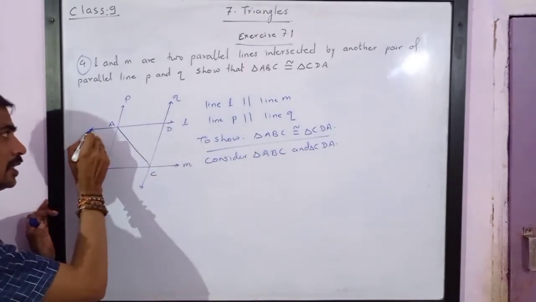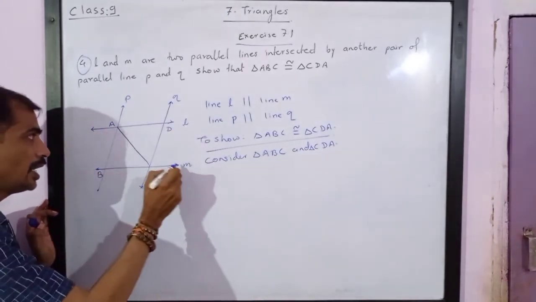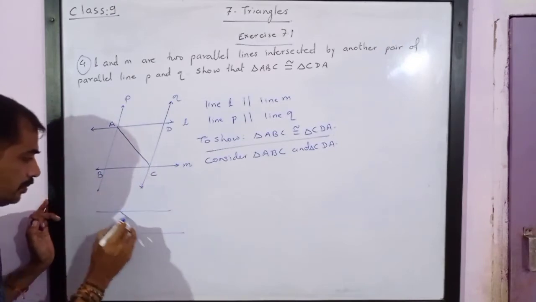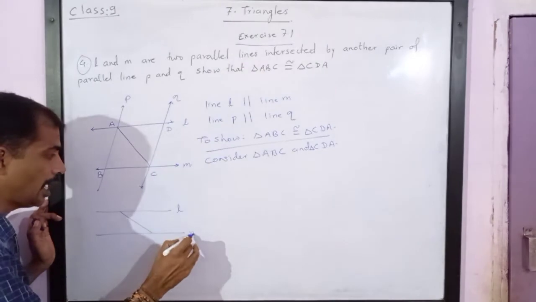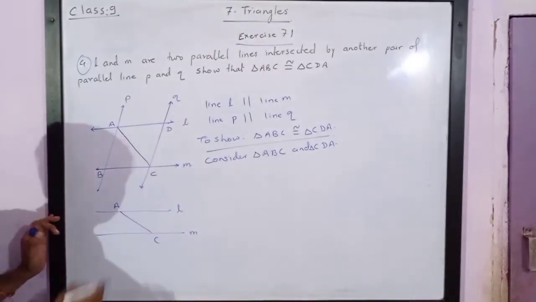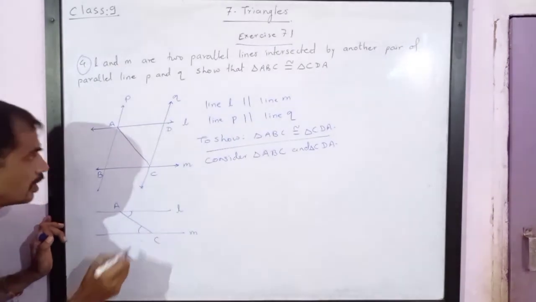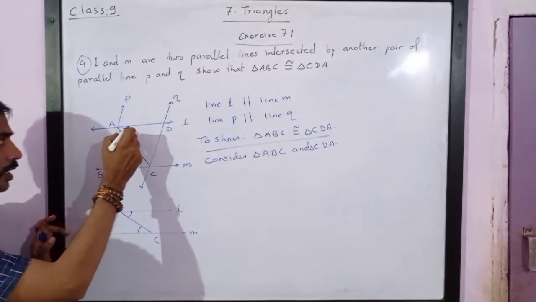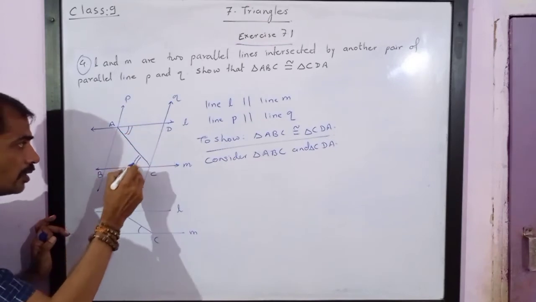So here, consider line L parallel to line M and AC as a transversal. When you look at this, you will understand that these angles are alternate angles. So we will get these angles are congruent.